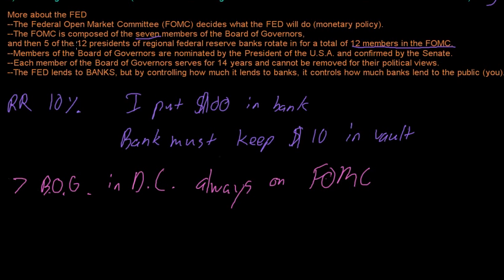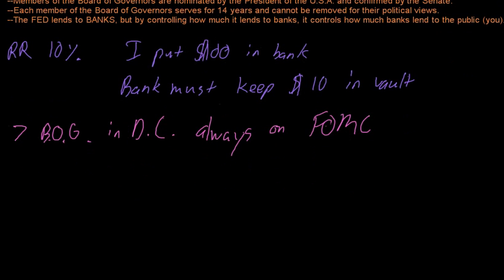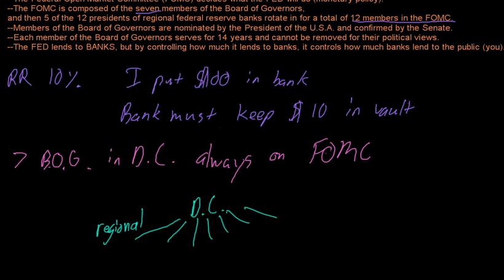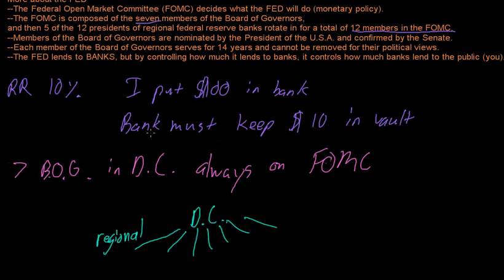So the Federal Reserve works like this: DC is up here, and then there are 12 regional banks. The regional banks are in charge of regulating all of the regular commercial banks in their region. So 5 of those 12 presidents fly to DC for every single open market committee meeting, and they vote also.